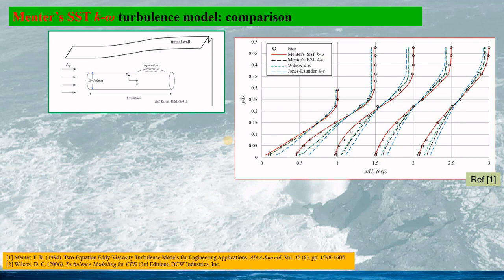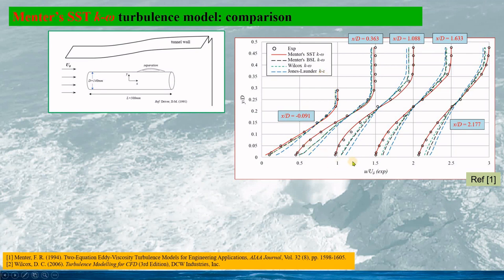The first example is the boundary layer profile on the horizontal cylinder at 5 different locations. The turbulence models include Menter's SST, Menter's baseline, Wilcox k-omega, and the Jones-Launder k-epsilon model.